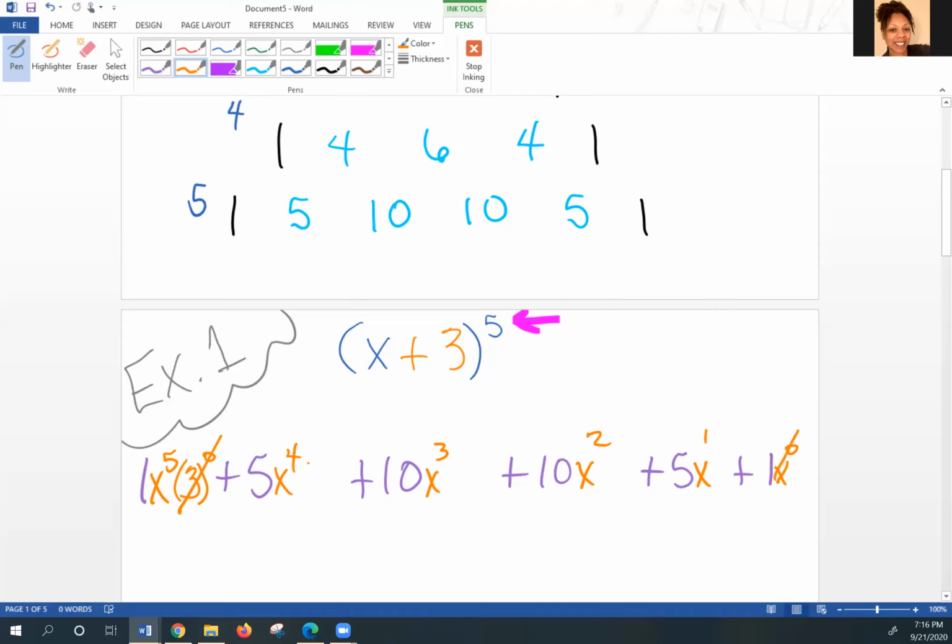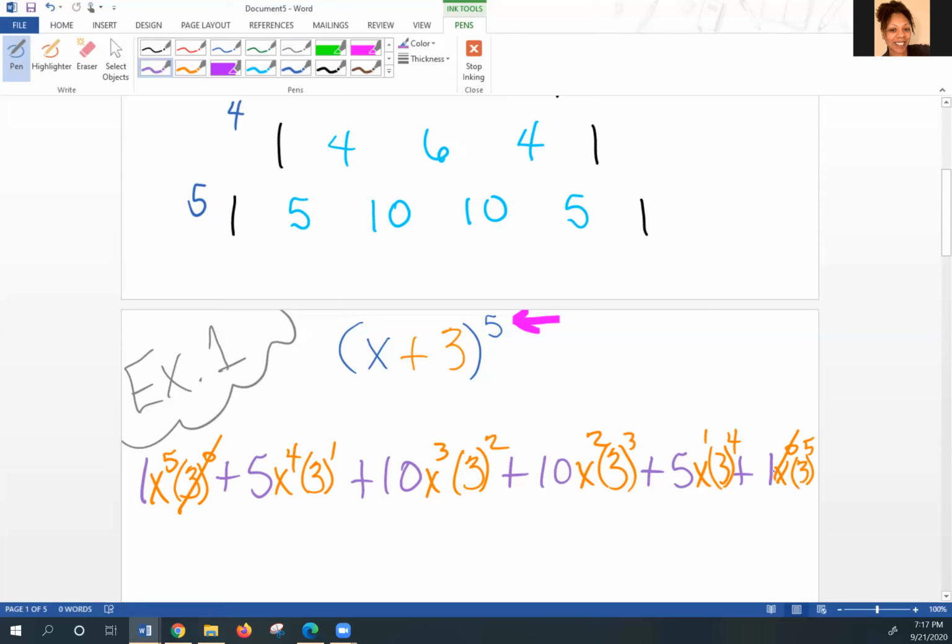And then 3 to the first power, 3 to the second power, 3 to the third power, 3 to the fourth power, and then see how crowded it's getting? Again, I personally don't like this method, but I just want to show it to you just to see, so you'll know somebody might like this method, so you might want to use it.